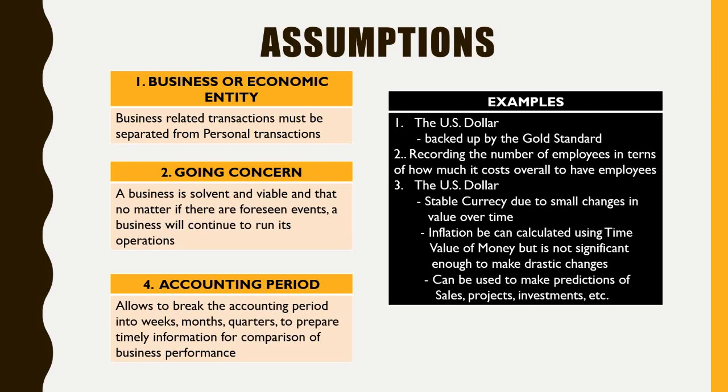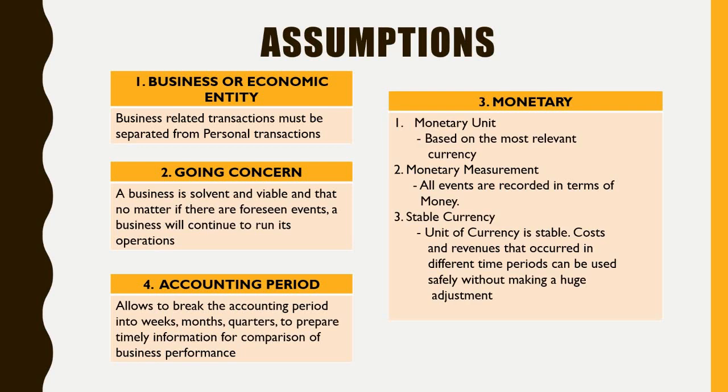We actually have to calculate the total cost it takes to have an employee. So if I had, for example, 20 employees, I can't write 20 employees in my journal. It has to be that I'm going to spend $100,000 for having those 20 employees. Whether they're salary or wage based, I'm listing them as a total grand cost. It's going to cost me $100,000 to have 20 employees. All right, so that's the monetary measurement portion of that one.